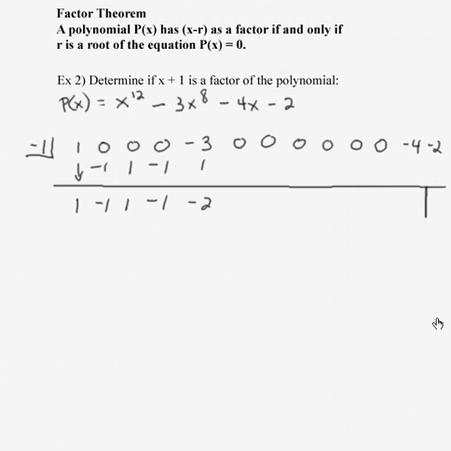Negative 2 times negative 1 is positive 2, which added to 0 is 2. 2 times negative 1 is negative 2, which added to 0 is negative 2. Times negative 1 is positive 2, which added to 0 is 2. Times negative 1 is negative 2, which added to 0 is negative 2.